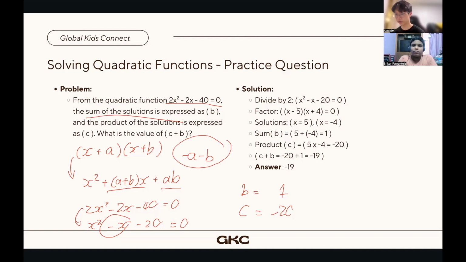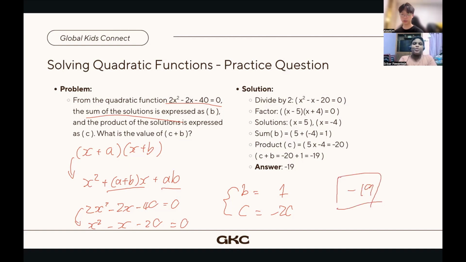So this is the value we have to find, not a plus b. And so we negate the coefficient of the x value so that instead of -1, we get +1 for our sum of solutions. And so here we found the two values of b and c that the question asked, and then we just sum them up so that we get a final answer of -19.